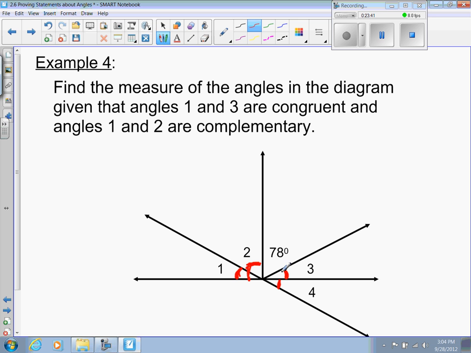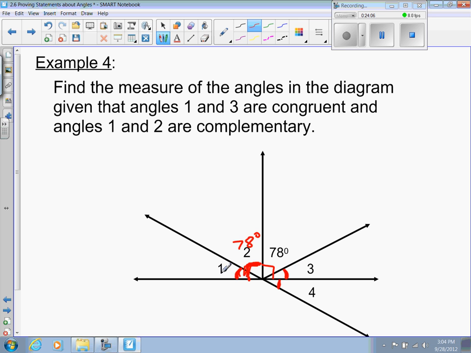So if 1's congruent to 3, I'm thinking that 3 and 78 have to be a linear pair as well, right? Because these are congruent, and if this is a right angle, these are 180 degrees, a straight line, so this has to be a right angle. So this is 78 degrees, that has to be 78 degrees.